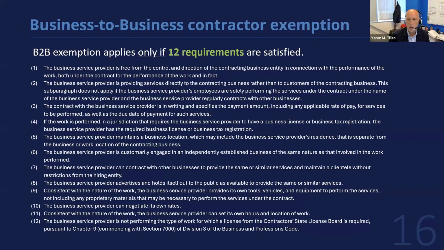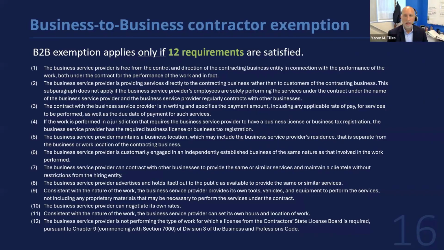In other words, they're doing this work for others, not just for you. Number 7 requires that they can contract with other businesses. In other words, this can't be an exclusive relationship and that they're not allowed to work for others.